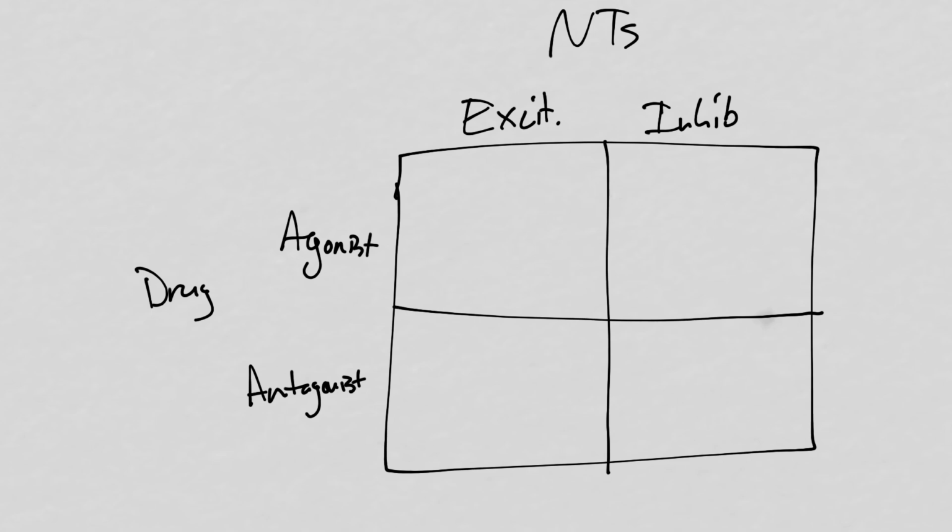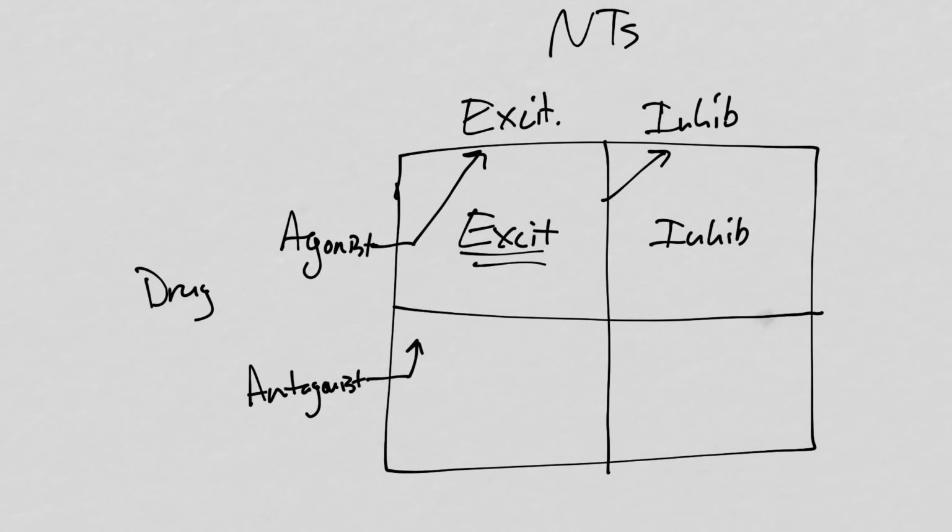So an agonist to an excitatory neurotransmitter, that's this category. Agonists mimic, so that just means we're going to get more excitation. If you had an agonist to an inhibitory neurotransmitter, that means you're just going to get more inhibition. An antagonist to an excitatory neurotransmitter means you're blocking excitation, and the end result is going to be inhibition.